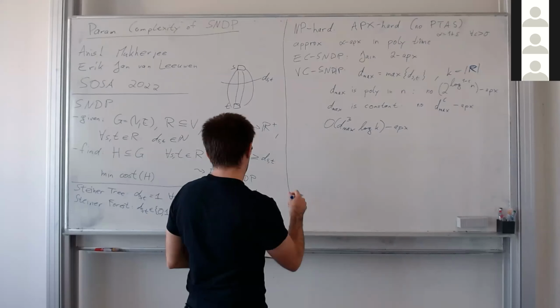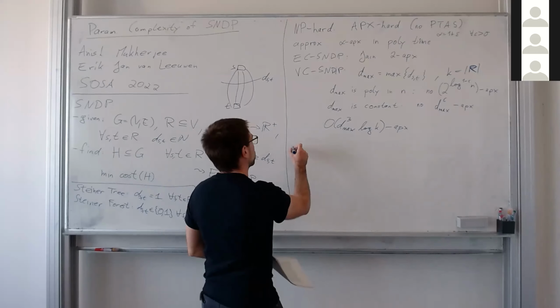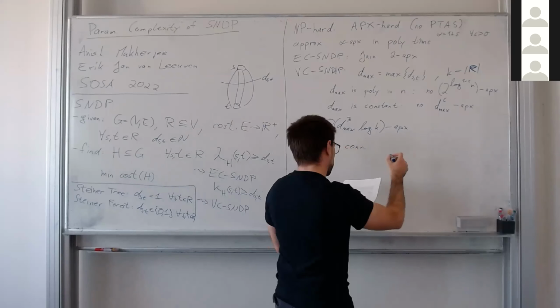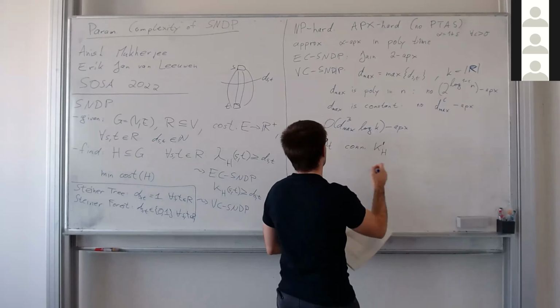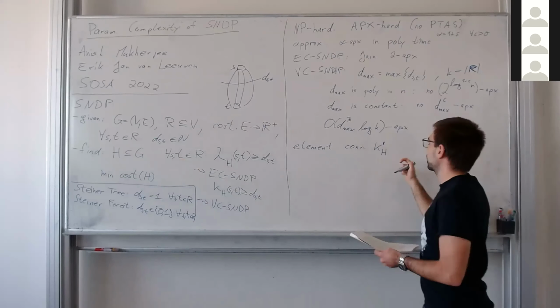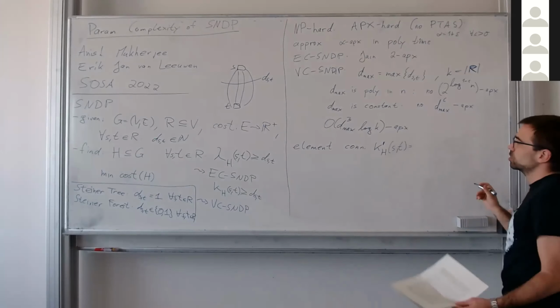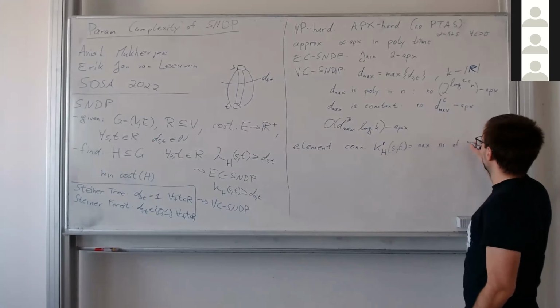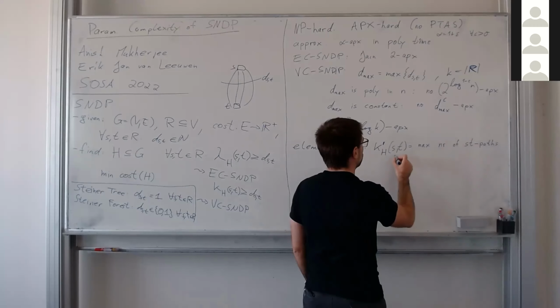So for this, I will introduce the element connectivity, which we call kappa prime. For some graph H between S and T, this is the maximum number of ST paths that are element disjoint.